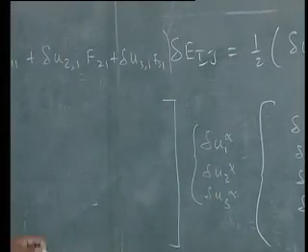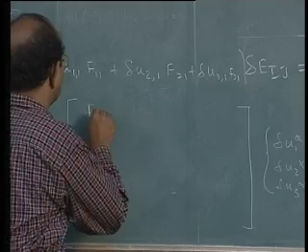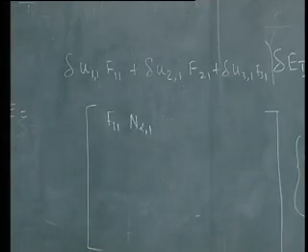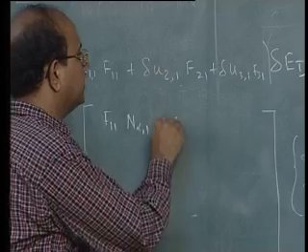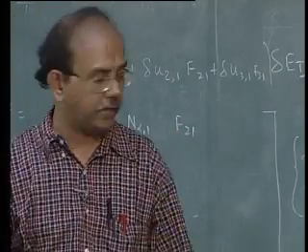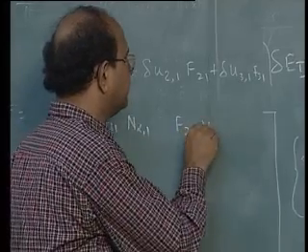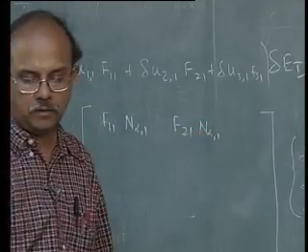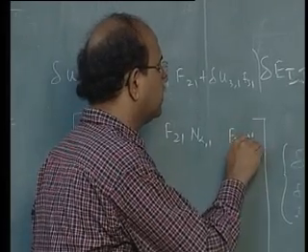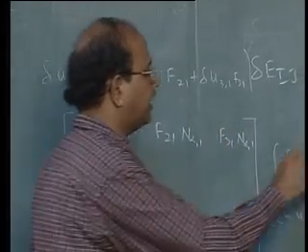So that will be f11 n alpha comma 1, then f21 n alpha comma 1 and f31 n alpha comma 1 multiplied by this.